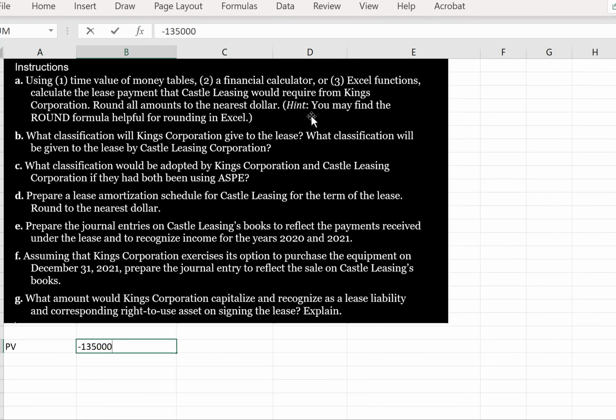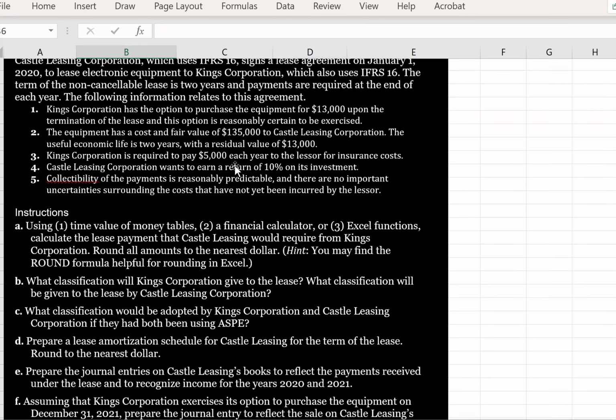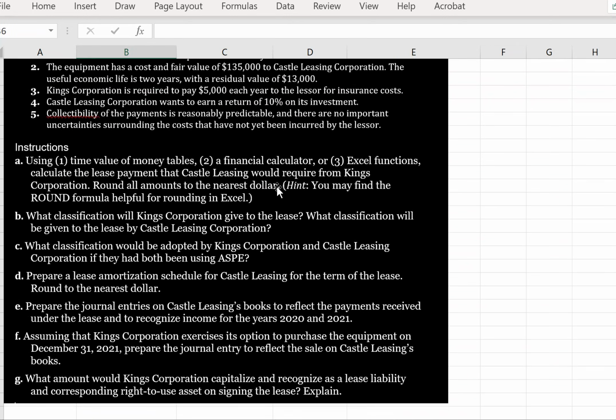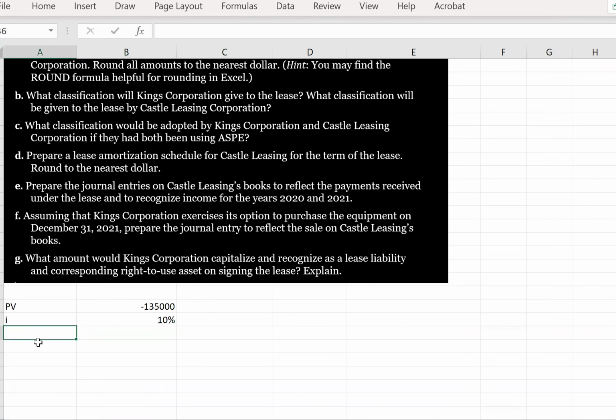So we had to pay $135,000 to purchase the equipment. The interest rate is 10%, because Casa Leasing Corporation wants to earn a return of 10%. So we're going to put 10% in as our required interest rate. The term of this lease is 2 years.